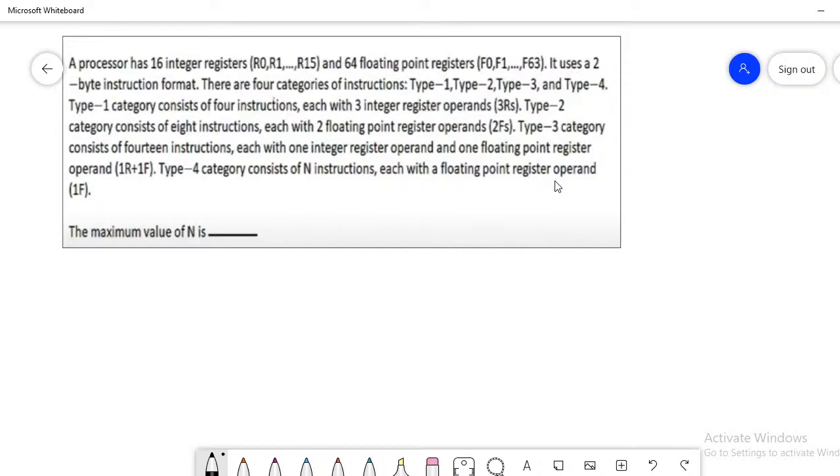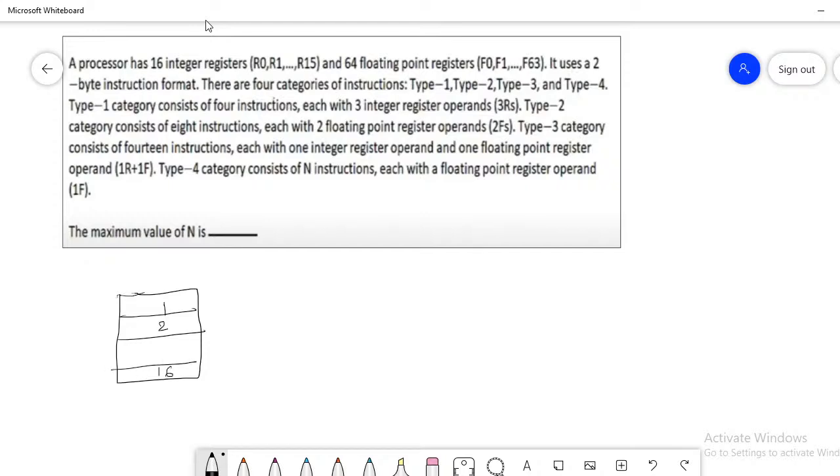When you are going for this part, you have 16 integer registers, right? What does 16 integer registers mean? I told you in the last class, when you have a stack of 16 registers, what is going to happen? You have 1, 2, 3 like this way, 16 number of registers.